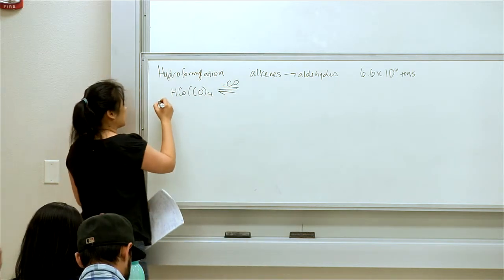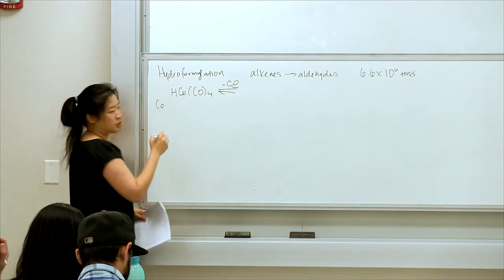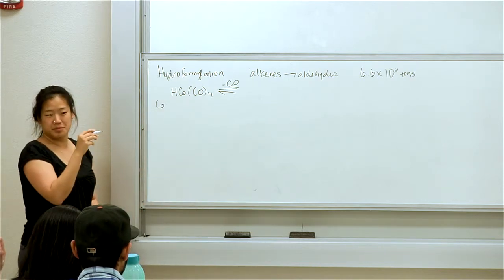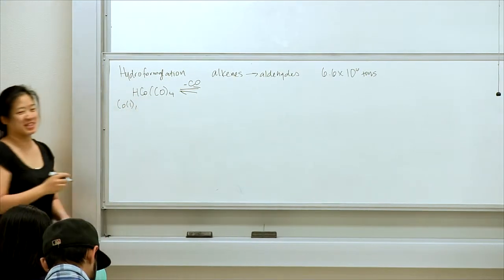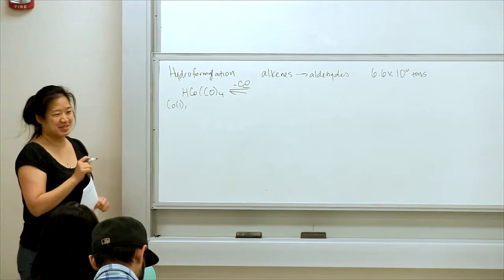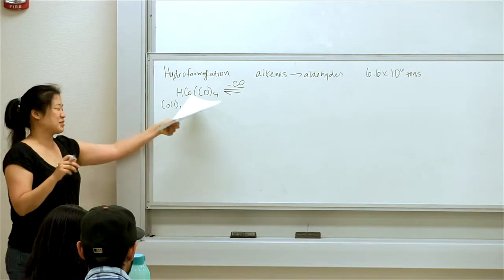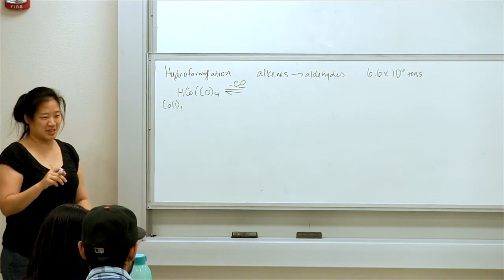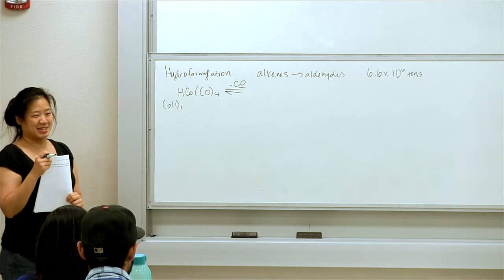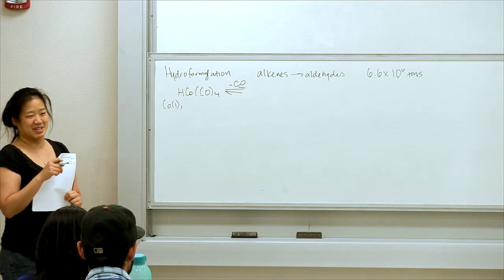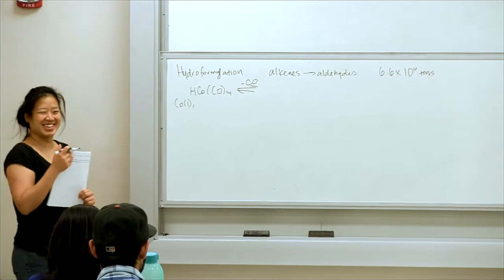So what oxidation state is the cobalt in? +1. How many electrons is it? D8. Complex electron count? Somebody else? 18.